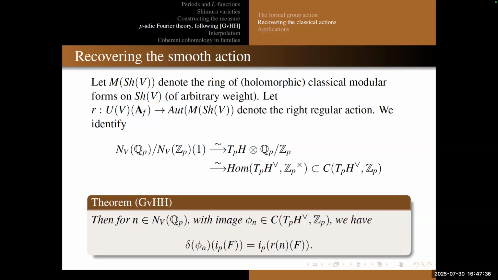So the action of the function corresponding to an element of NV of QP, the action in this p-adic Fourier theory, is the same as just the right translation by that same element. So every element in the unipotent radical defines a continuous or locally constant function on the Tate module of the dual, and these actions coincide.